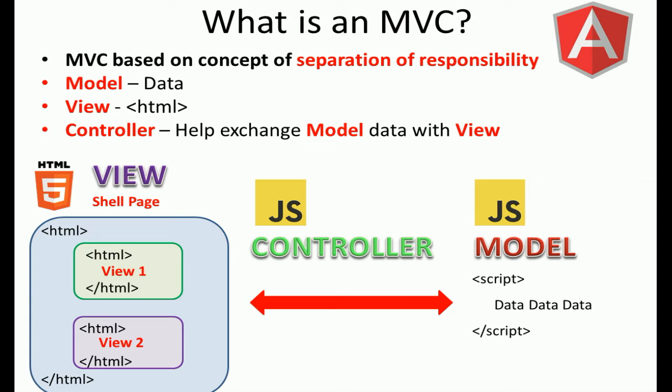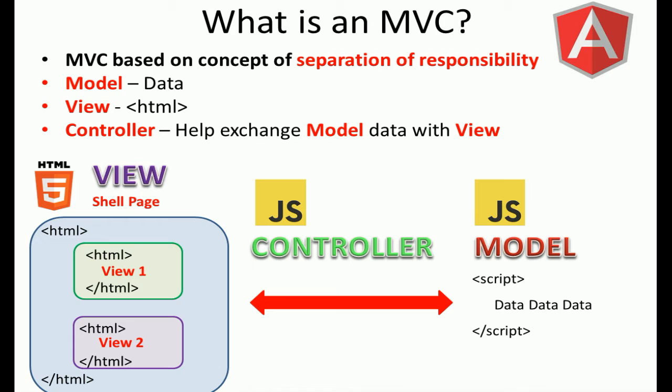Essentially, all MVCs are based on the concept of separation of responsibility, and they consist of three basic components: the model, or the data representing the state of the system, the view, which is a UI projection of the model data, and the controller, which coordinates between the model and the view, presenting the data to the user.